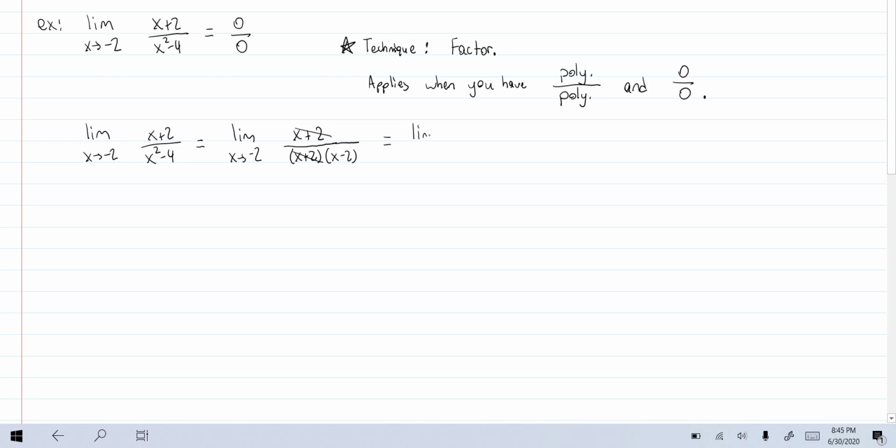That's going to leave us with 1 over (x minus 2). And taking the limit as x approaches -2, what we can now do is just plug in -2 for x. And we're going to get an answer of -1 over 4.